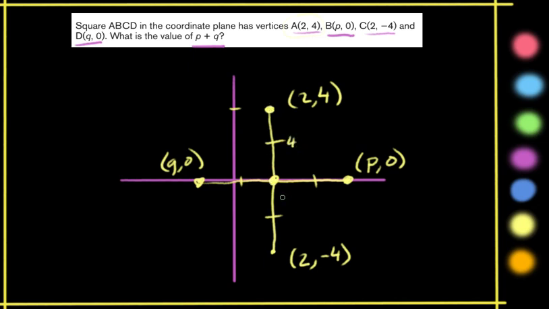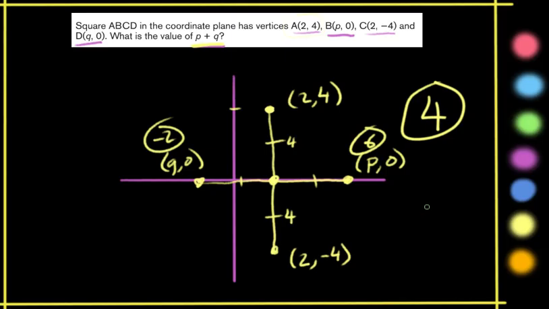So we got 4 here. The distance between these 2 points is also 4. The distance between these two is going to have to be 4, so that's going to put this up to 6, 0. And then this one's going to be -2. And what do they want? They want P plus Q, so that's going to be -2 plus 6, which is going to be 4.